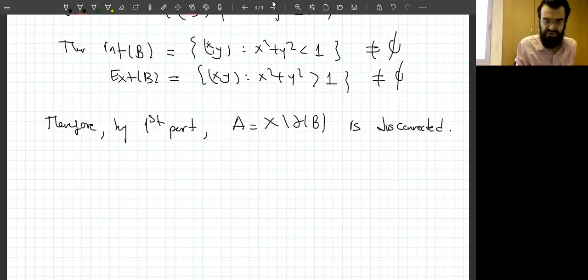As an application of the first part of this problem, problem 4. Do you have any question up to here?